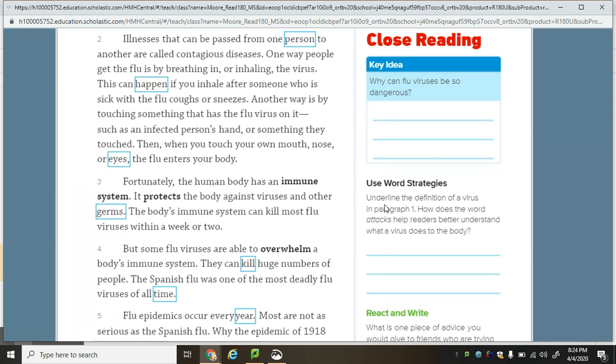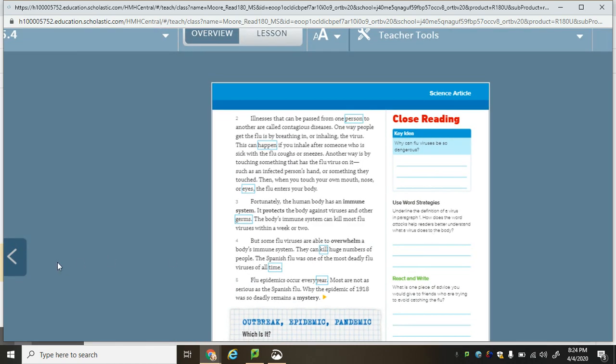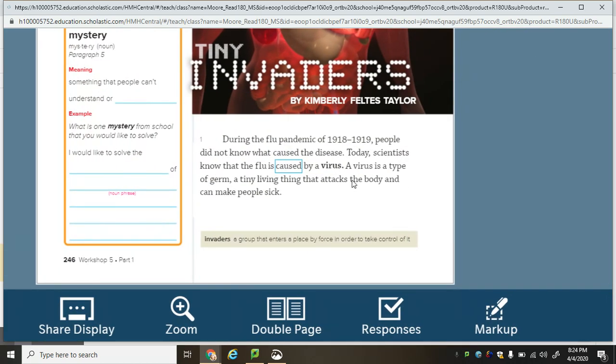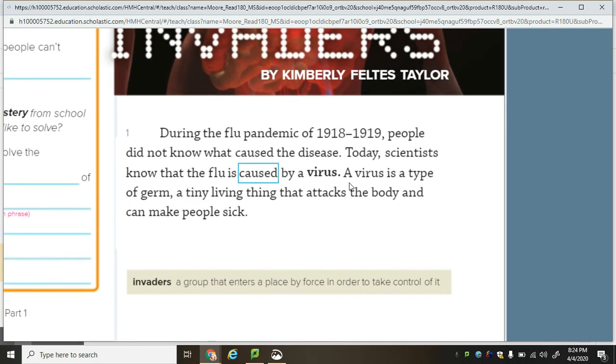Okay. Underline the definition of a virus in paragraph 1. How does the word attack help us understand what a virus does? So a virus is a type of germ, a tiny living thing that attacks the body and can make people sick.